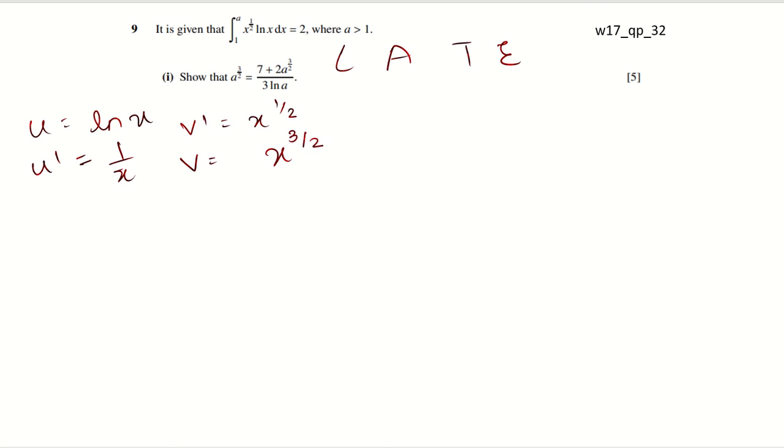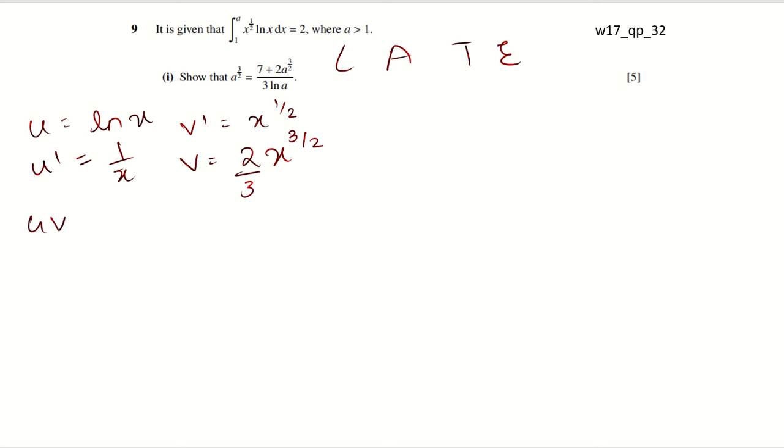Why did I write 3/2 over here? Because I added 1 to 1/2. So that's 3/2. And then you'll have to multiply this by 2/3, right? Or you have to divide x raised to 3/2 by 3/2. So you'll get 2/3 x^(3/2).